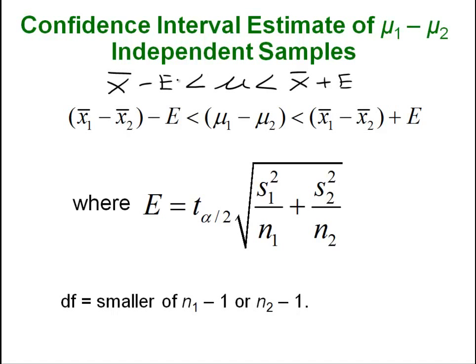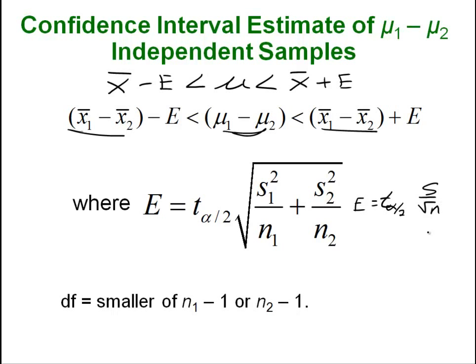Instead of x bar, we're looking at the differences between the two means, and then instead of dealing with just one population mean, we're relating it to the difference of the two population means. So very similar again. Also, the margin of error that we calculated for one sample was still your t of alpha over 2, and then it was times s over the square root of n.